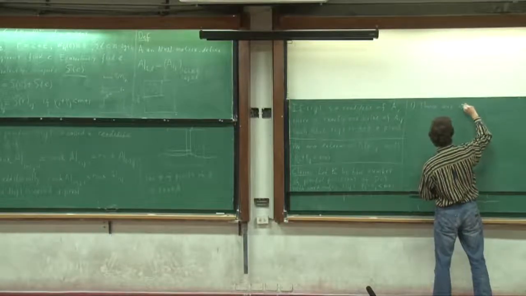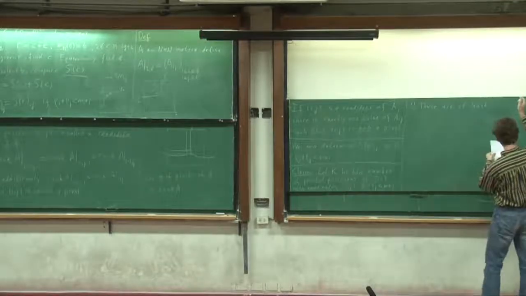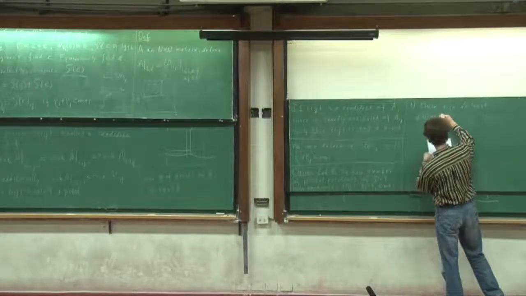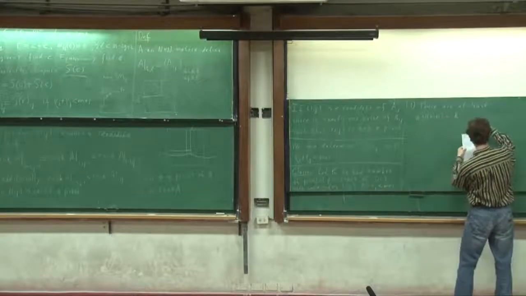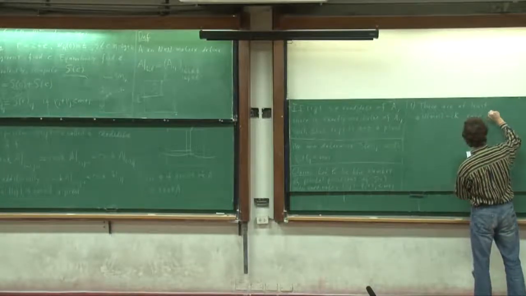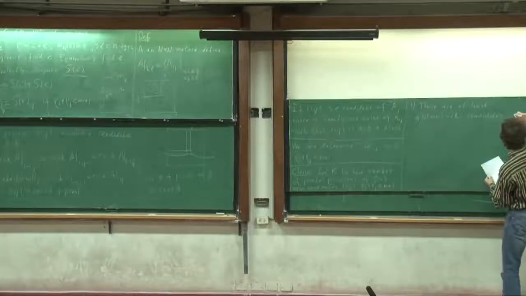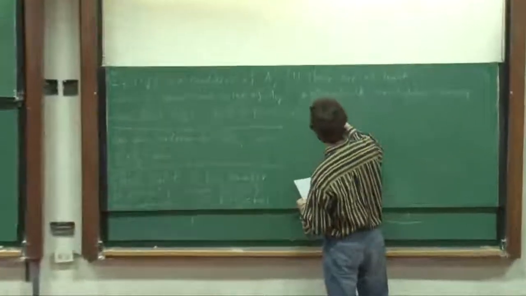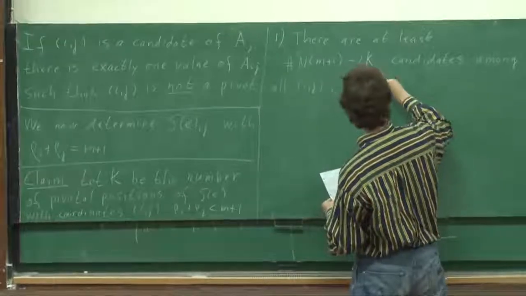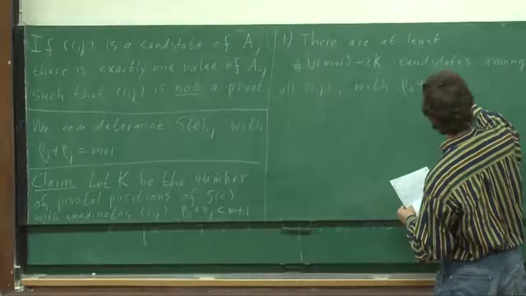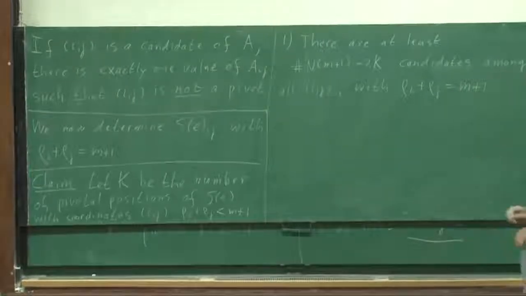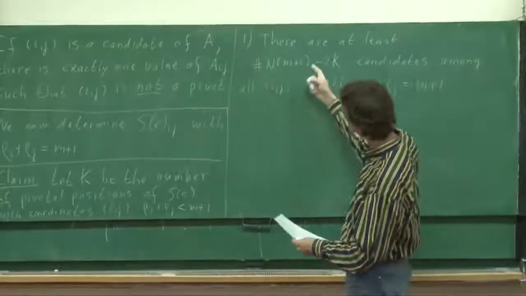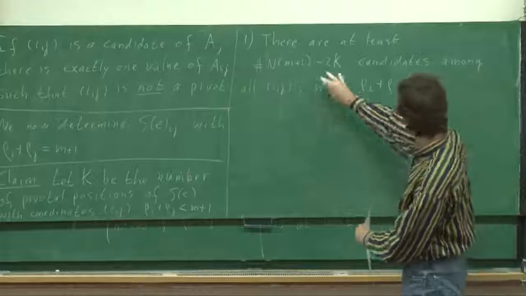There are at least n(m plus 1) minus 2K candidates among all ij such that rho I plus rho j adds up to m plus 1. I'm claiming that among all those, so exactly among elements of this set, there will be at least this many candidates.